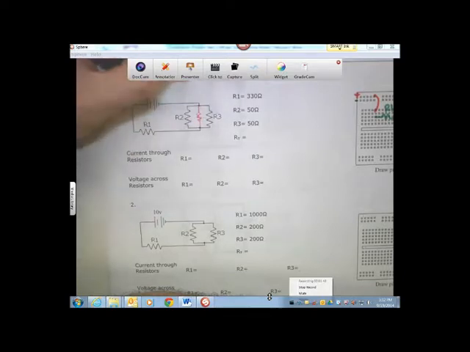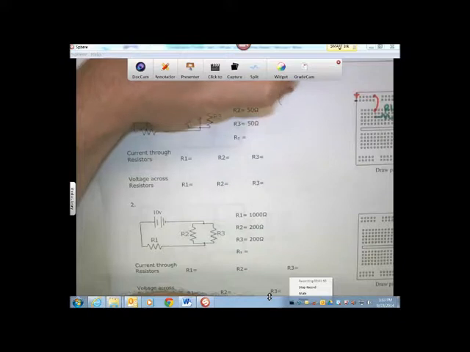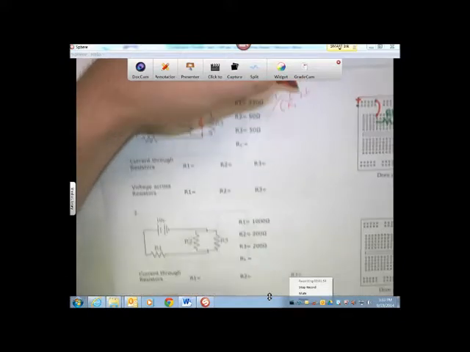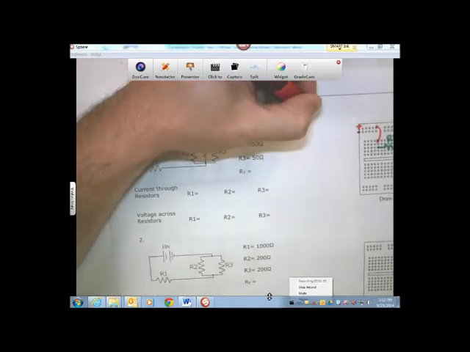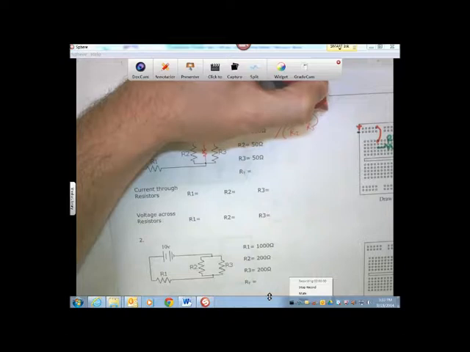And I know the value of that resistor is going to be 1 over R2 plus 1 over R3. And that resistor will be R23.